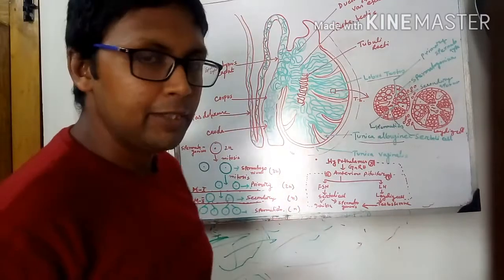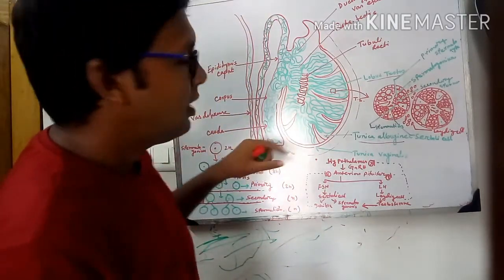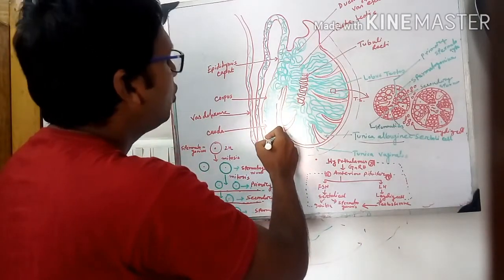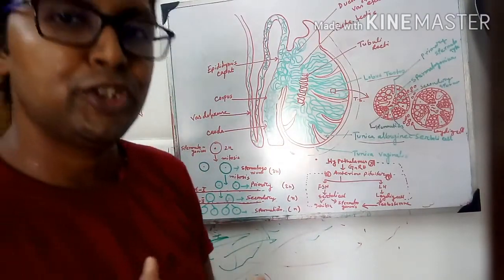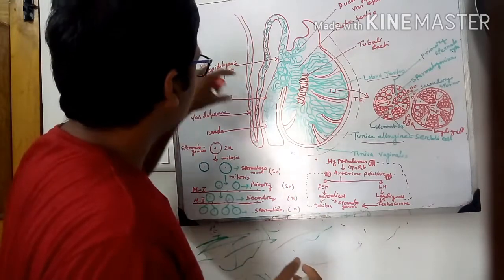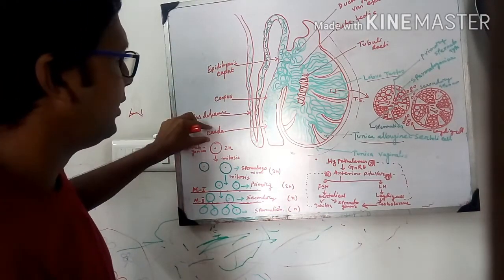In the epididymis, moving gradually from the upper, middle and lower parts, sperms mature and become motile. So the parts are caput epididymis, corpus epididymis and cauda epididymis.